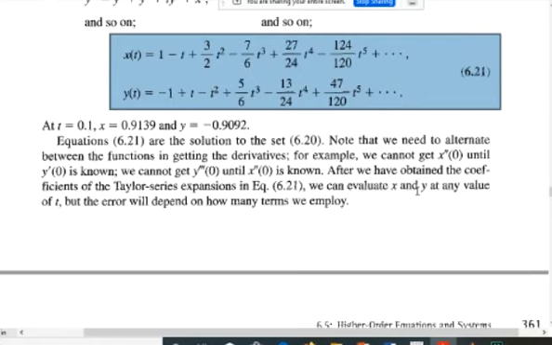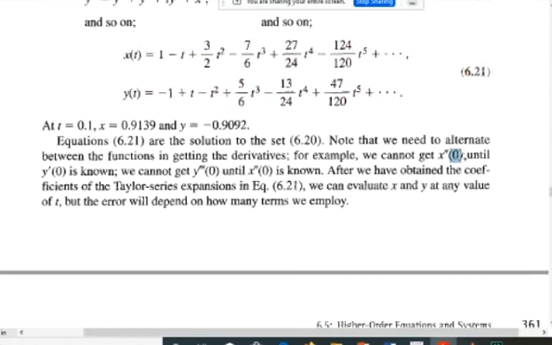For example, we cannot get x double prime 0 until y prime 0 is known. We cannot get y triple prime 0 until x double prime 0 is known.